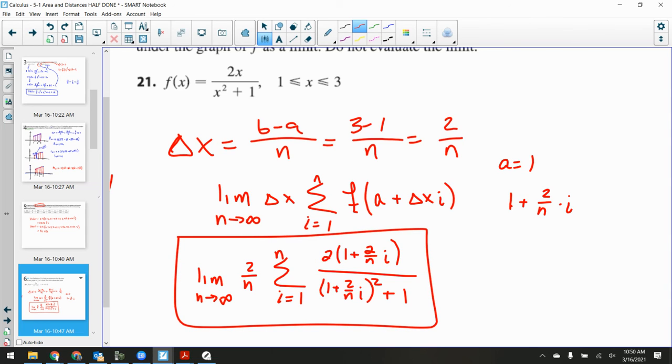We're going to figure out how we evaluate that eventually, but not yet. So now we're basically finding delta x, because you plug the 1 in for a. The only time we use 3 is finding delta x. Yeah, the starting value is the more important piece there.